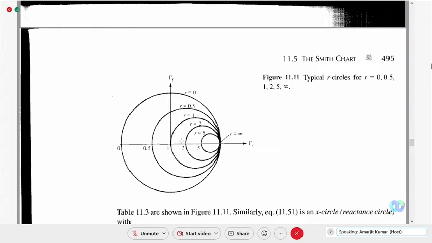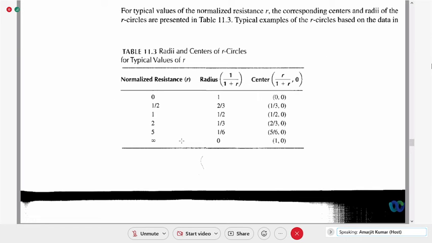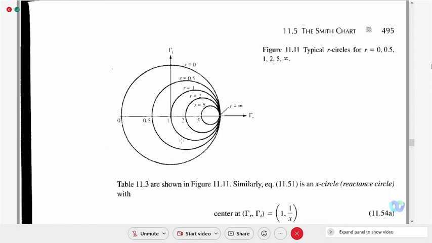This is for r equal to 0, 0.5, 1, 2, 5, infinity. What are you seeing in these circles? If r is equal to 0, we are here.